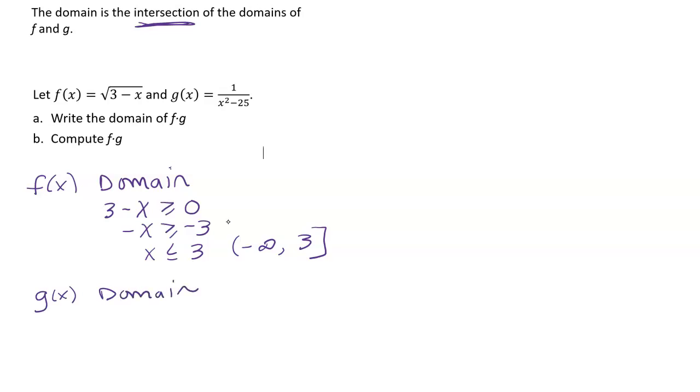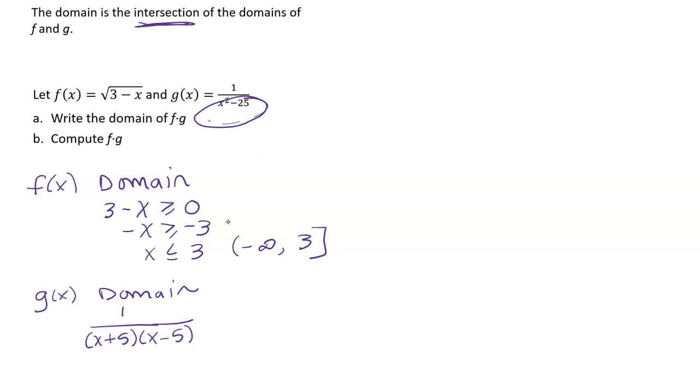So we've talked about with rational functions, the denominator, what's in the bottom of that function, cannot equal 0. So I'm going to factor the bottom of that function, which factors to x plus 5, x minus 5.